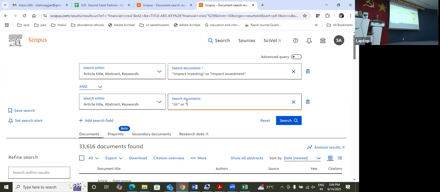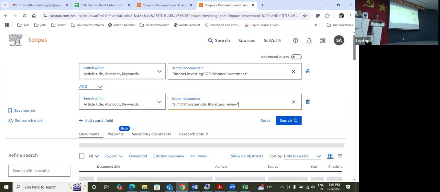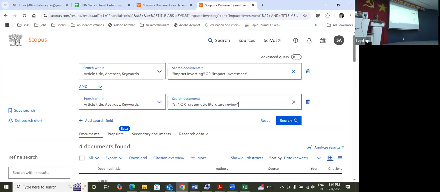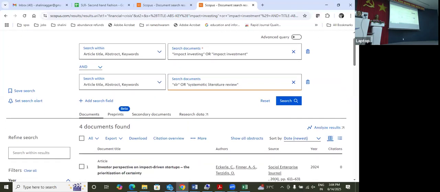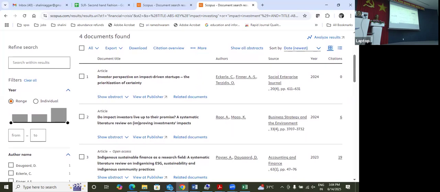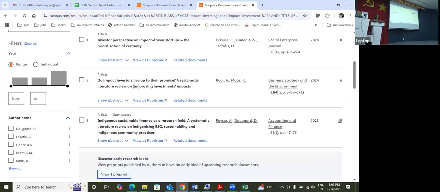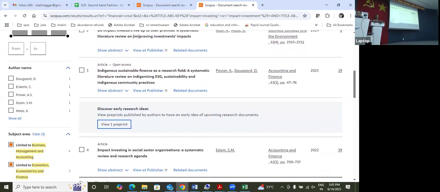SLR is systematic literature review, write it here in the full form and the short form. Then you will see the documents. You have to see whether somebody has already done the SLR on this or not.